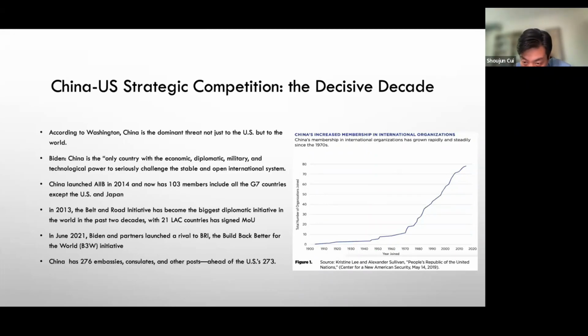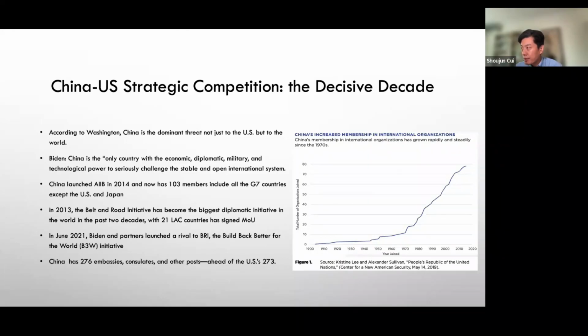Also, there's a graphic here. You can see that China increased its membership in international organizations, because global governance is based on international organizations. International organizations are the most important platform for global governance. Since 2019, China became the second largest contributor to the United Nations.